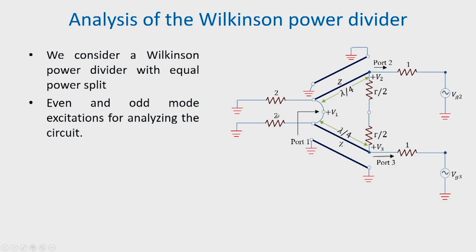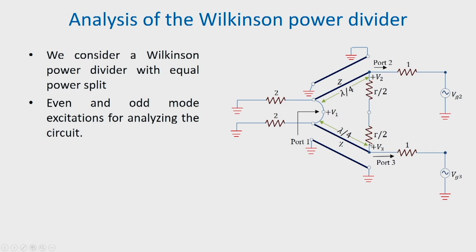This port was having impedance Z0, so it can be represented as a parallel of two resistances having normalized values 2 each, so that their parallel combination gives 1. Similarly, this Z is the normalized characteristic impedance of this lambda by 4 section.